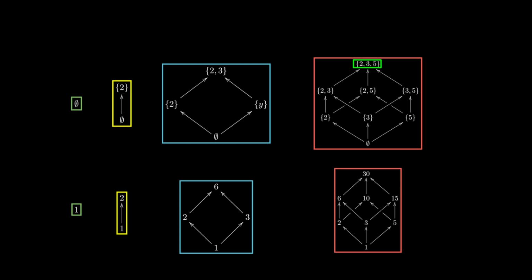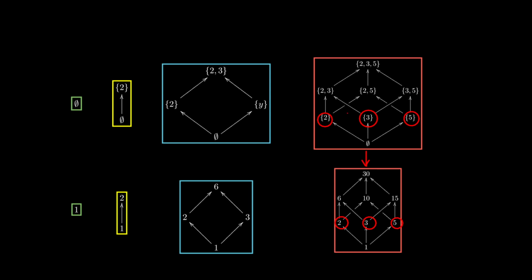Now, when we look at the subsets here, because we are dealing with a 3-element set, we're going to get the same diagram as the subsets of x, y, z. But the relationship of this diagram to the diagram here is going to be a lot clearer, I think. Because 2 is going to go to 2, and 3 is going to, of course, go to 3, and the singleton 5 is also going to go to 5.